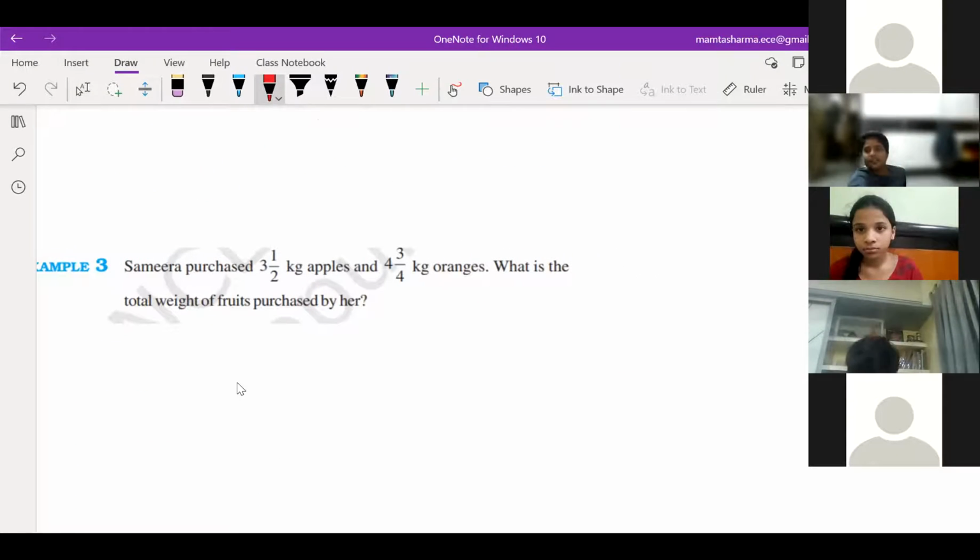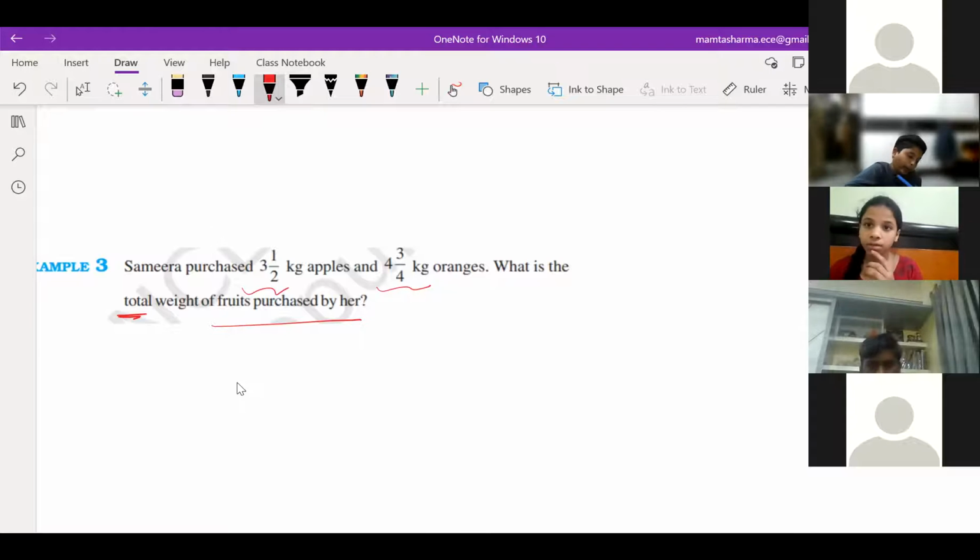Now next question. If Samira purchased this much kg of apple and this much kg of orange, what is the total weight of fruit purchased? Total weight. Ma'am, we should add. Total means add. So add these mixed fractions.